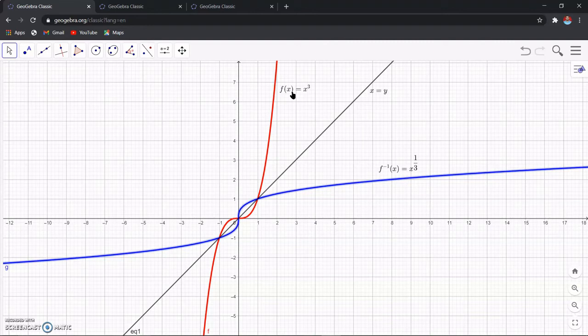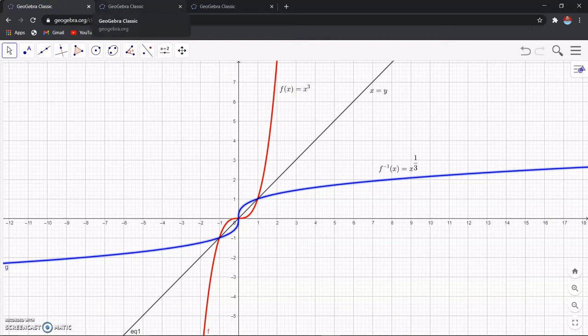Now if you compare the graph of the function f and the graph of f inverse, you can see that it is just a reflection of the graph of the function f about the line x equal to y, right? So that's how the graph of the inverse of a function behaves. It's the mirror image of the graph of the function about the line x equal to y.